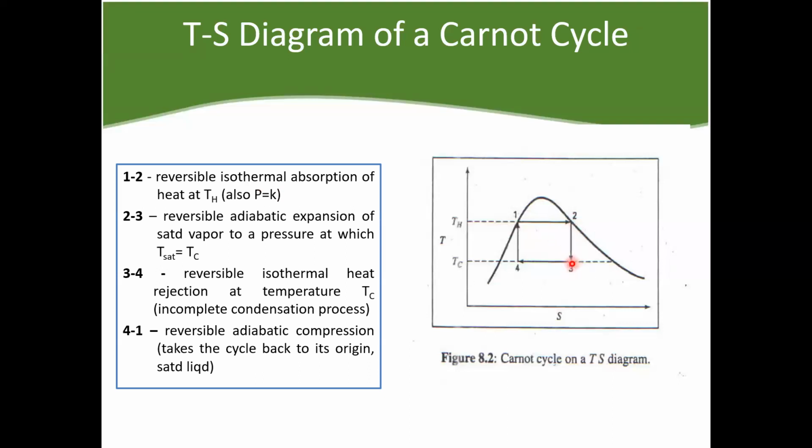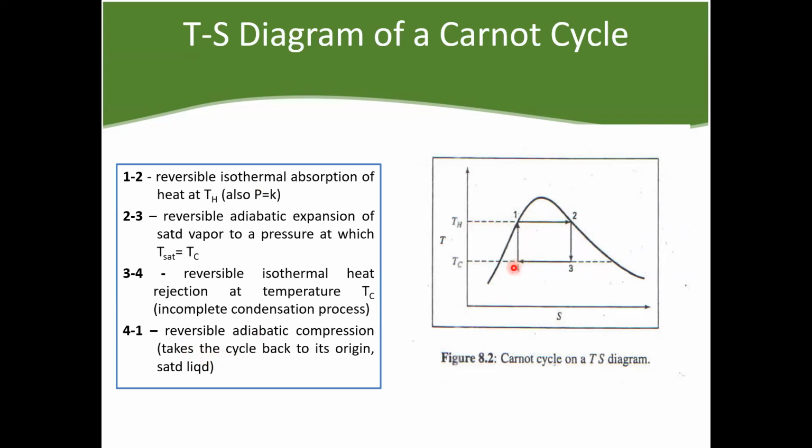This is wet steam, a combination of saturated liquid and vapor. The quality decreases, meaning we have more liquid. We're approaching the saturated liquid curve, but it does not condense completely. So we did not reach the saturated liquid curve, but it has more liquid compared to point 3.